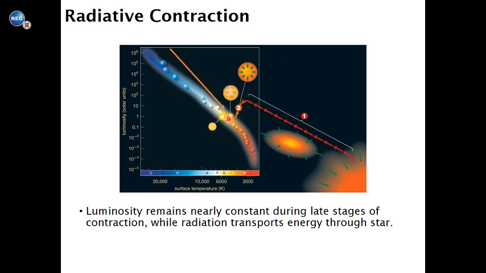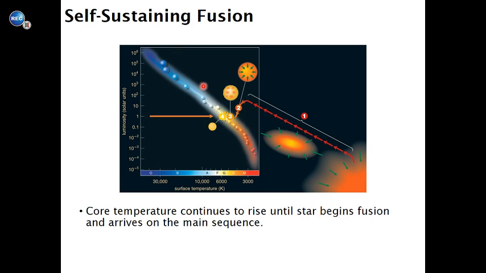And then at this point, at dot 3 here, the luminosity is nearly constant. You're producing as much energy as you lose from contraction, and radiation is carrying the energy through the star. And then eventually that temperature rises in the core high enough and fusion occurs. And now it's self-sustaining. It no longer needs contraction, and you have enough energy to stop the contraction.